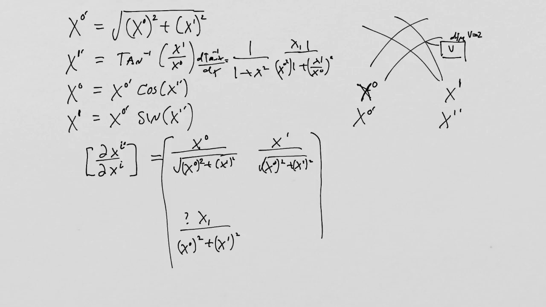Let me check. I'm pretty sure there's a minus sign there, because where would that have come in? It would have come in from the derivative of the inside. There's a minus 1 from the derivative of this inside, because that's going to be x1 times minus 1 times x0 to the minus 2.